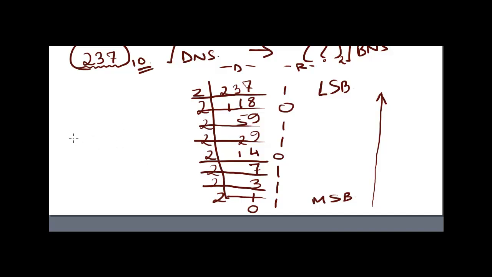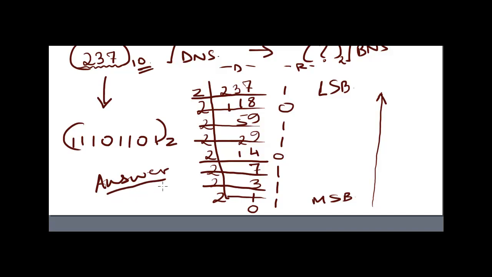So the order will be 1, 1, 1, 0, 1, 1, 0, 1. And we have to put this in brackets to the base 2. Now this is our answer. So we have just seen how to convert from the decimal number system to the binary number system. Simple number like 237.